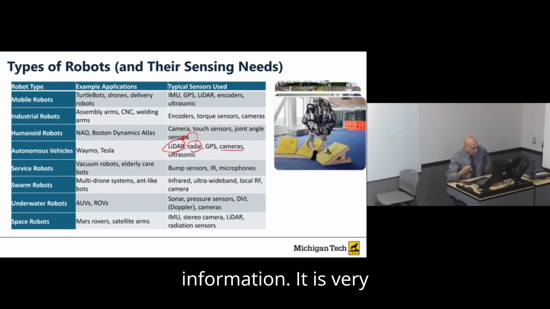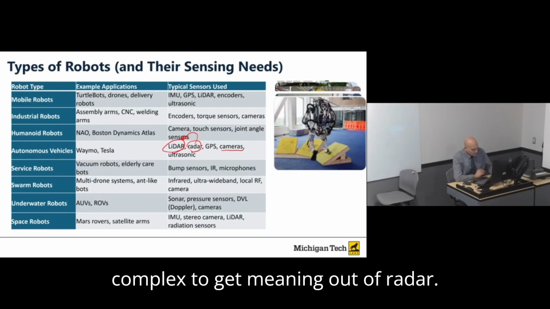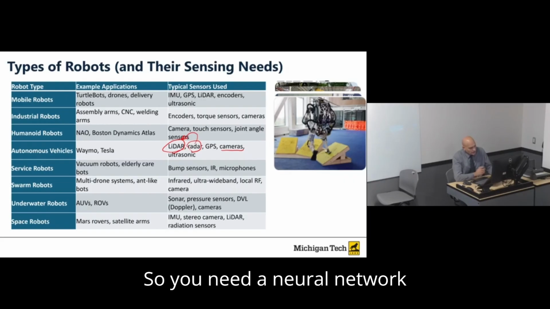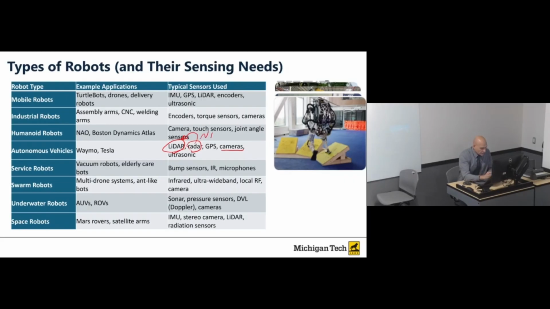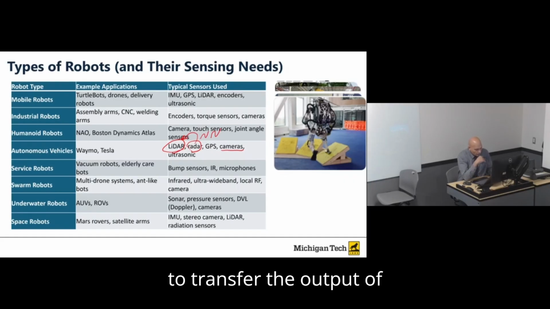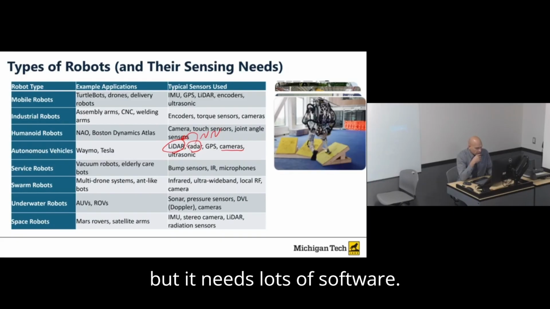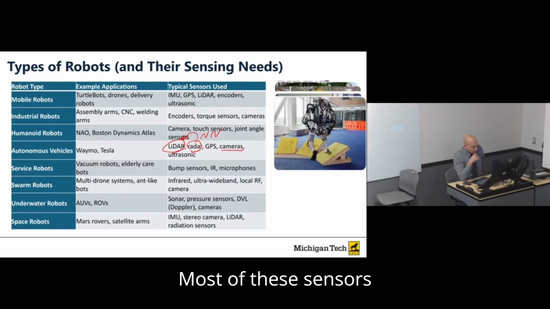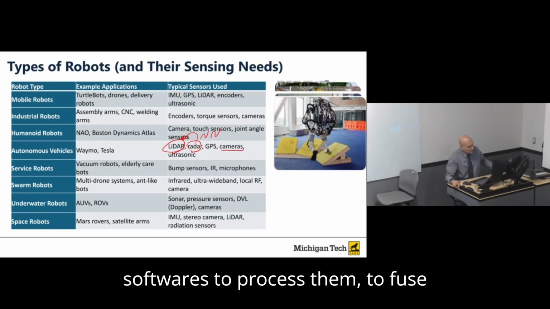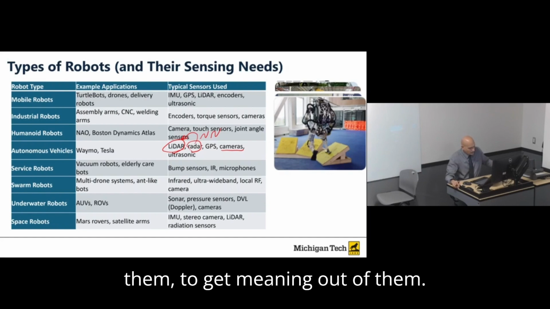It is very complex to get meaning out of radar, so you need a neural network to transfer the output of radar to lidar. I think radar is cheaper compared to lidar, but it needs lots of software. Most of these sensors need lots of software to process them, to fuse them, to get meaning out of them.